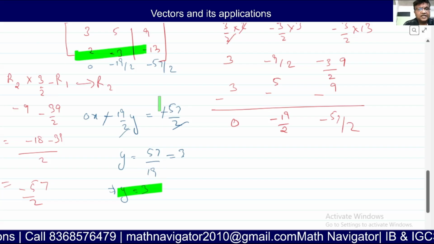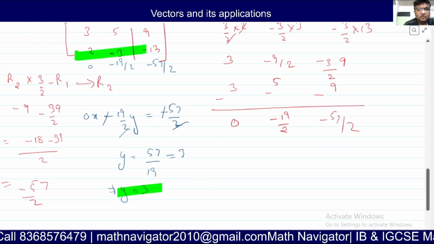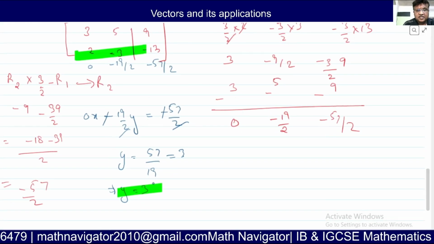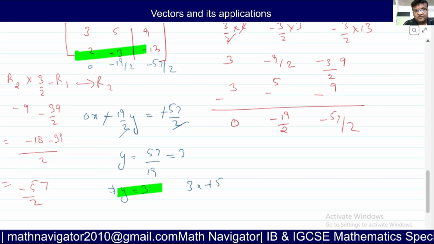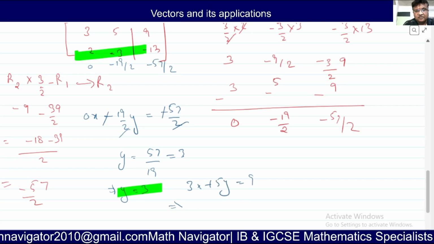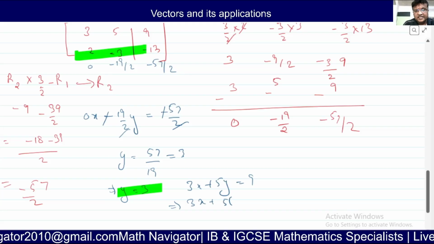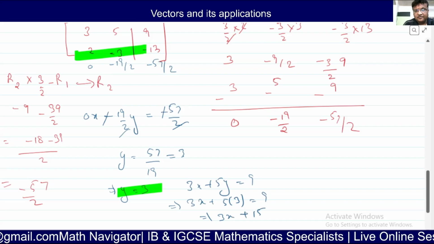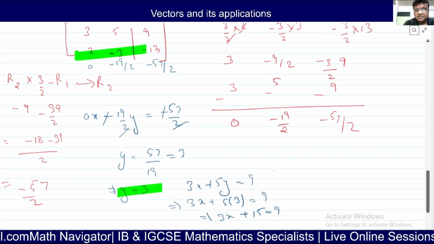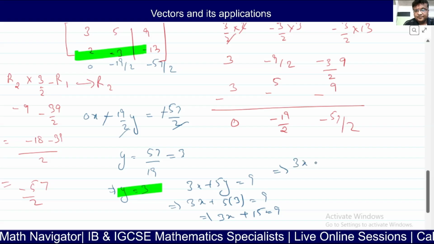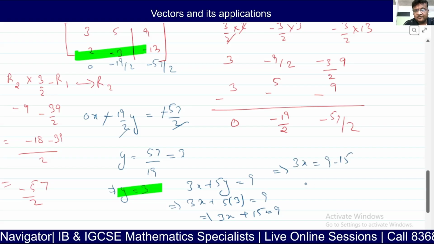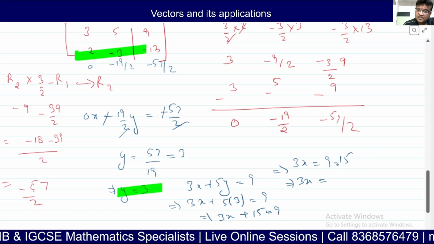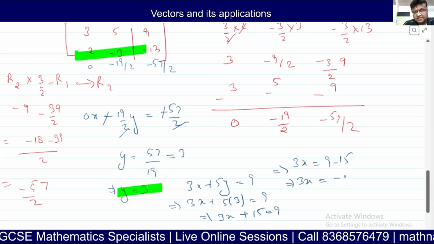Then I will place this value of y in either of the equations, or the top equation, which is saying 3x plus 5y is equal to 9. That gives me 3x plus 5 times 3 is equal to 9, which gives me 3x plus 15 is equal to 9. It implies 3x is equal to 9 minus 15, so 3x is equal to negative 6.